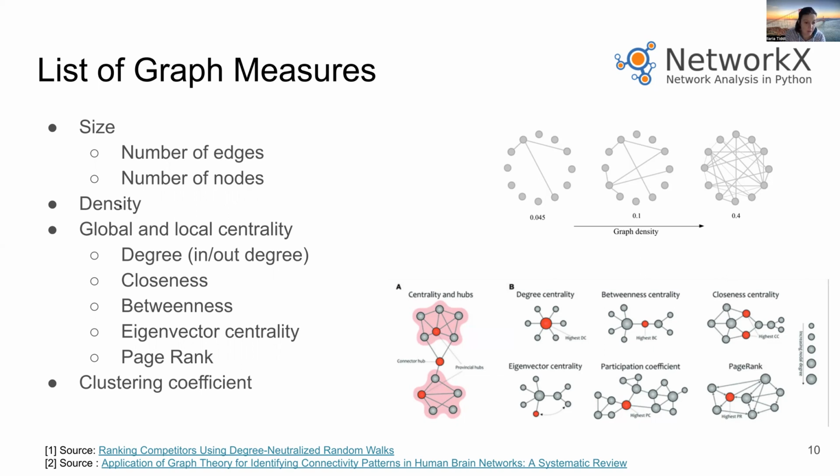We talk about a number of measures that allow you to measure global and local centrality. This is in-degree and out-degree of a node, so how it is connected with respect to its neighbors. Closeness and betweenness really look at the connectivity of the neighbors around the node, as well as eigenvector centrality.